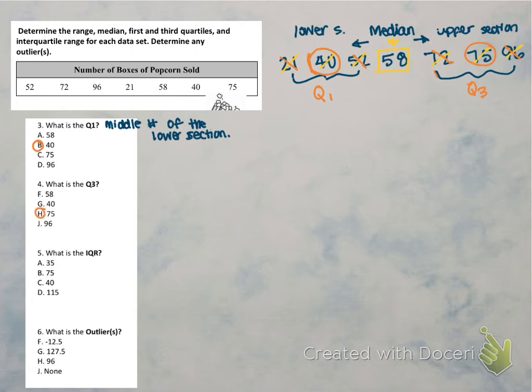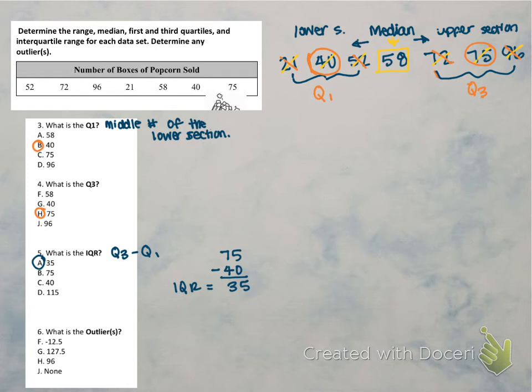Okay, so then let's focus on IQR. So IQR is your Q3 minus your Q1. So Q3 was 75 and Q1 was 40. So 5 minus 0 is 5 and 7 minus 4 is 3, giving us 35 for our IQR. Okay.